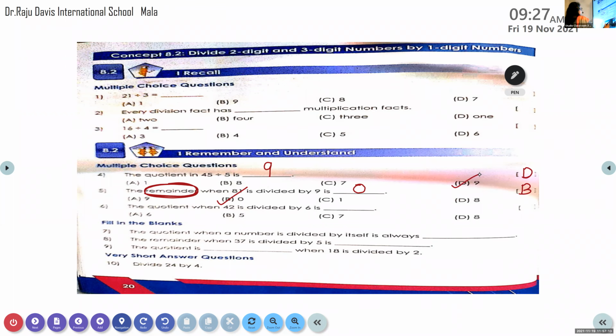Yes. Now we will move to question number 6. The quotient when 42 is divided by 6. Catherine? Ready? Yes, ma'am. Shall we do the sixth one now? 42 divided by 6.